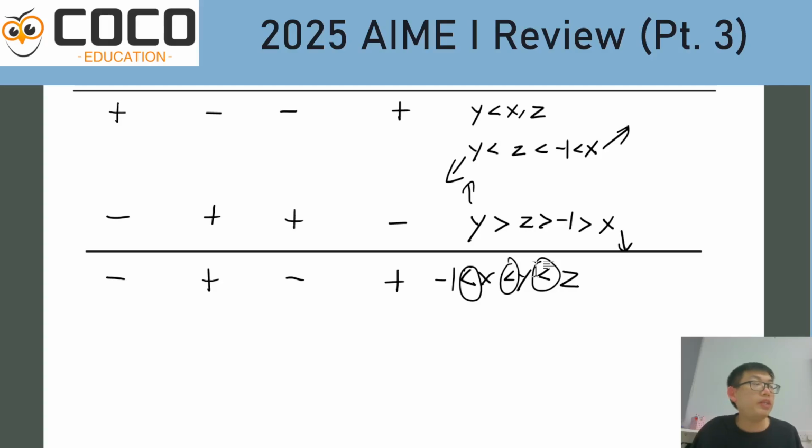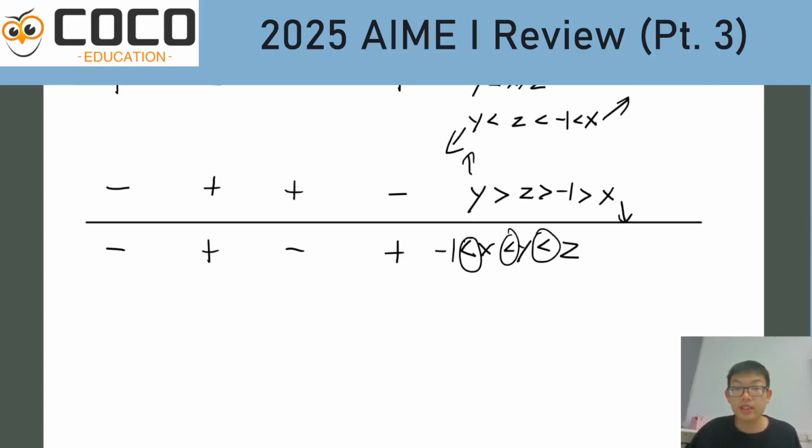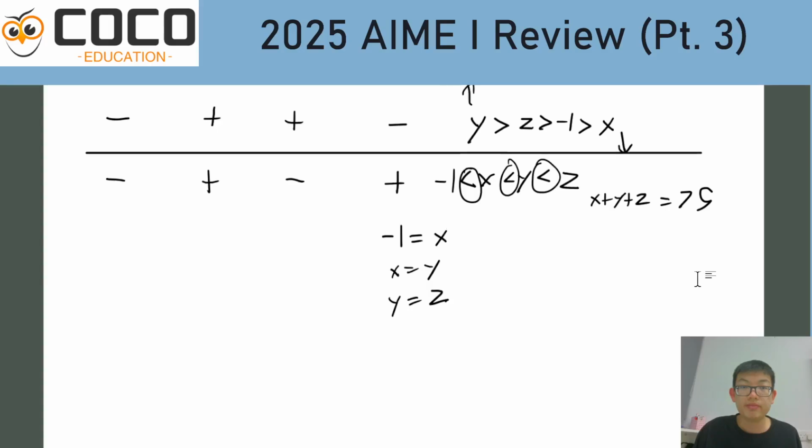And I'm happy if it's a triangle because I can get the area quite easily. Okay, so here's what I'll do. I will just put negative 1 equals x, x equals y, and y equals z as my 3 equations. I also have x plus y plus z equals 75 as my ambient equation.